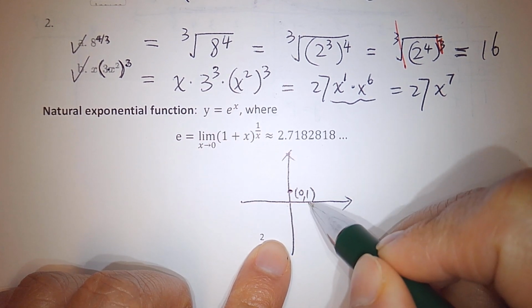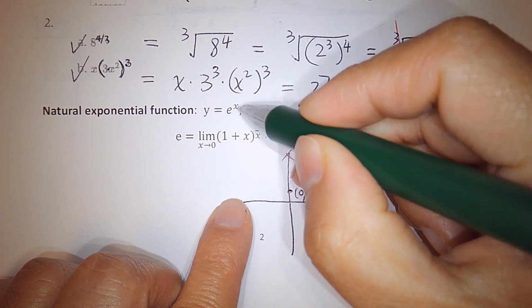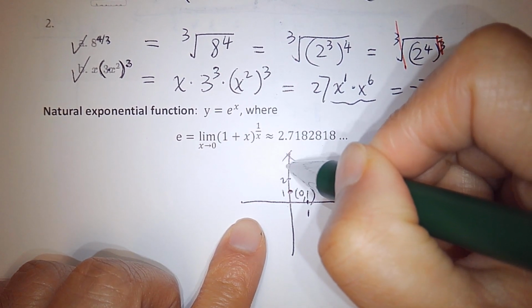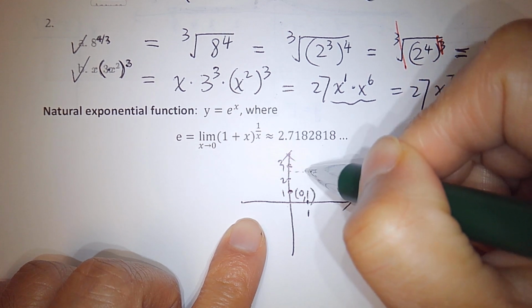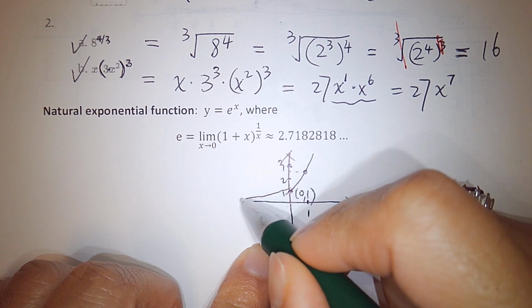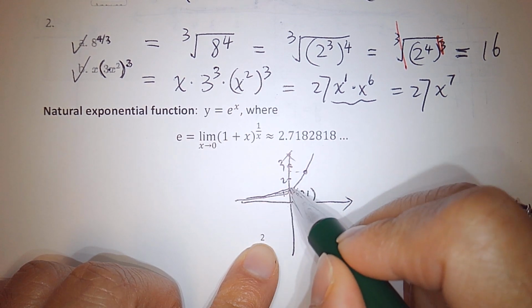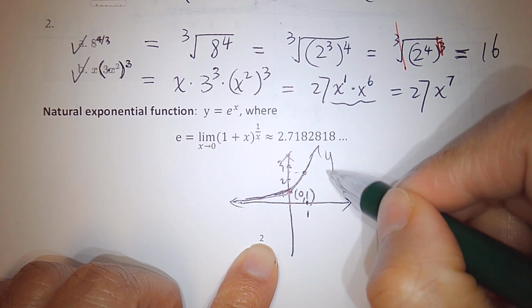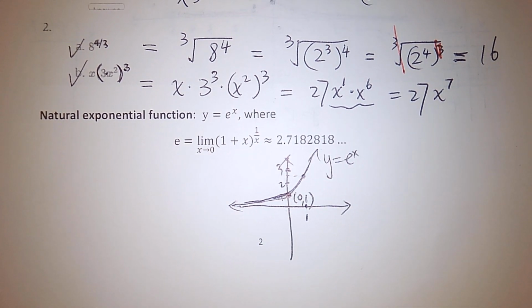Also, when x equals 1, y will be e, right? What is e? A number between 2 and 3, somewhere there. So briefly, the graph for y equals e to the x will look like this. Right, guys?